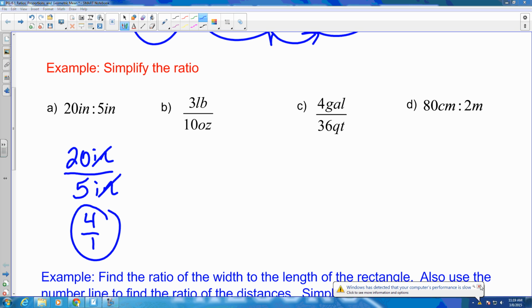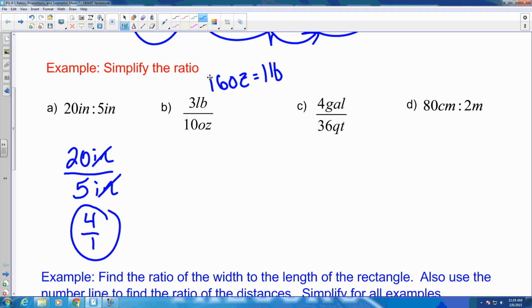I see pounds, I see ounces. Ounces is the smaller of the two measures, and that is what we're going to make both numerator and denominator become, because from previous lessons, or at least you could look it up on Google, 16 ounces equal 1 pound.